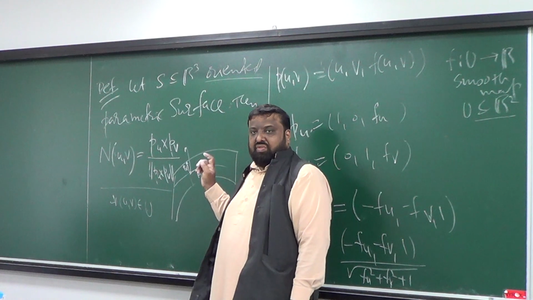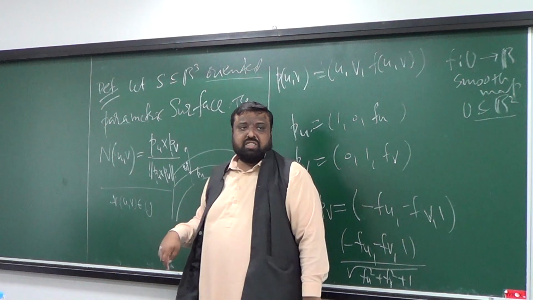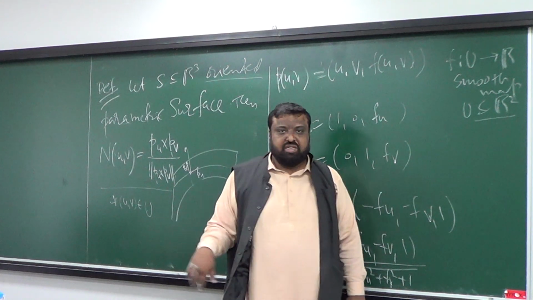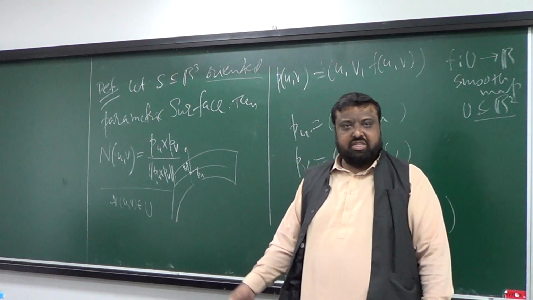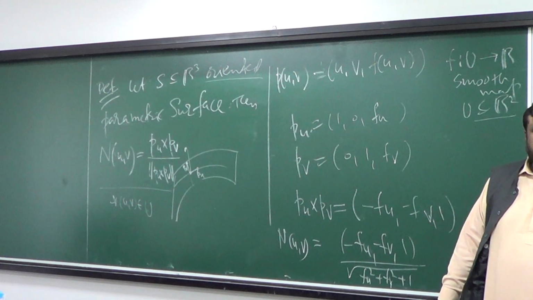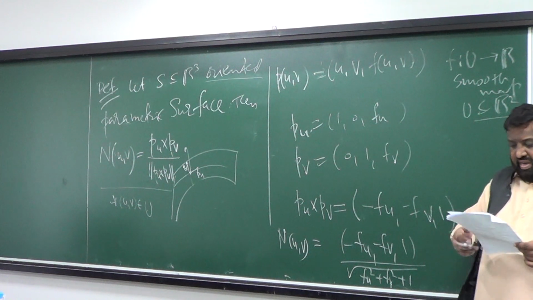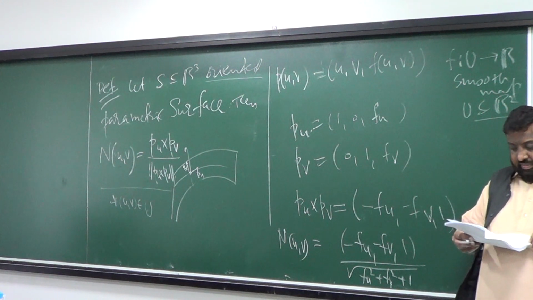Okay, so we can prove that the normal vector at any point on the surface is independent of the choice of the parameterization. No matter what parameterization you choose, it would always be roughly the same actually. Okay, so it's a well-defined map.